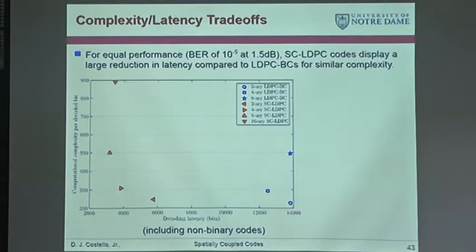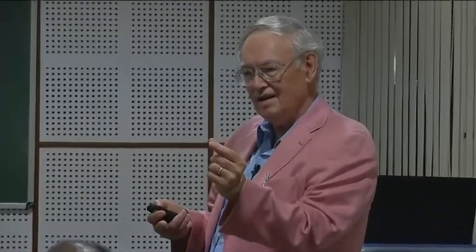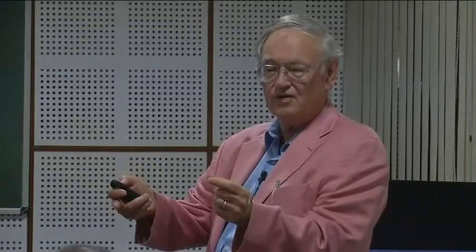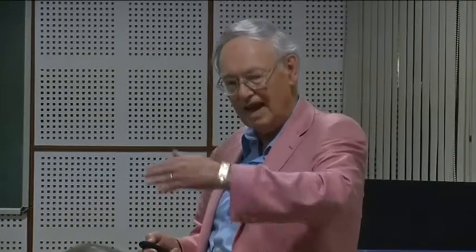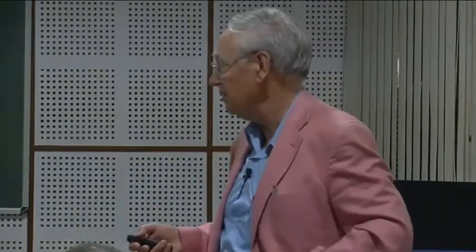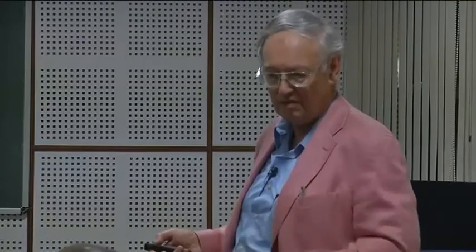Let's weaken the spatially coupled code a little bit so its performance goes back to what the block code performance is. With the weaker code, or not necessarily weaker, but maybe a smaller window or fewer iterations, it gains back some of that complexity. So what's the net comparison with complexity if you equalize the performance as well?